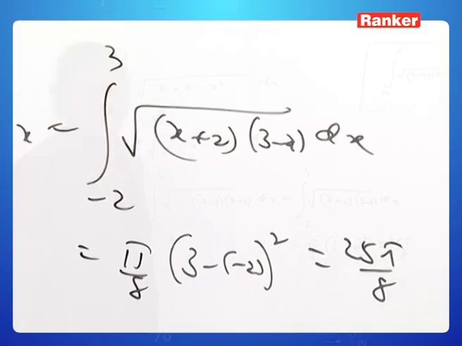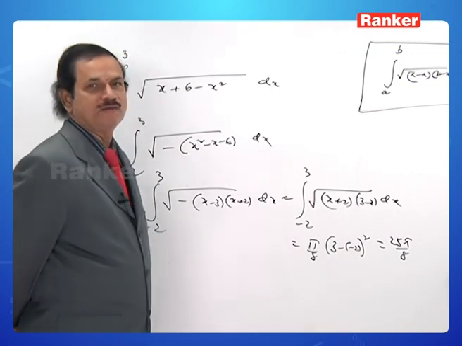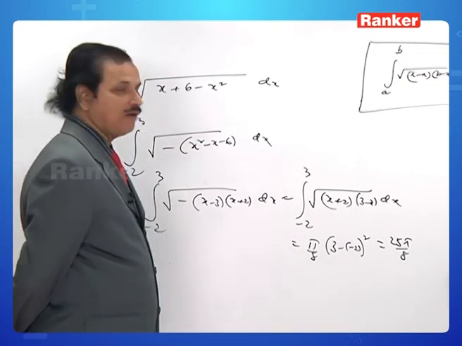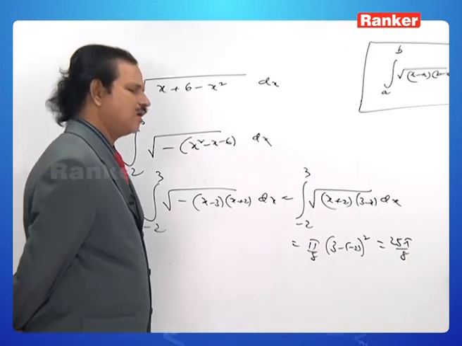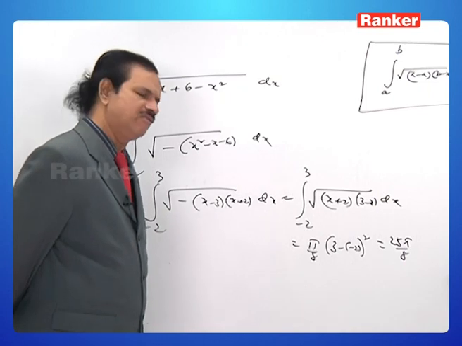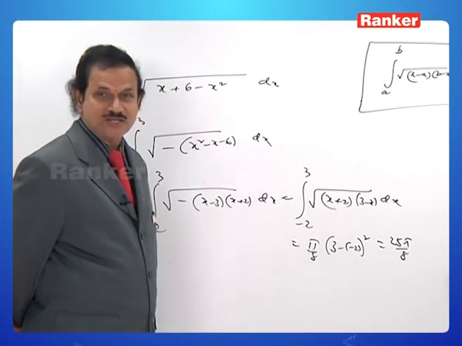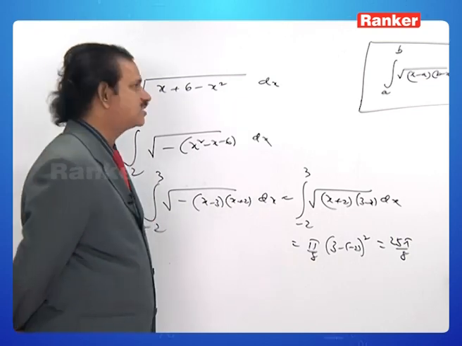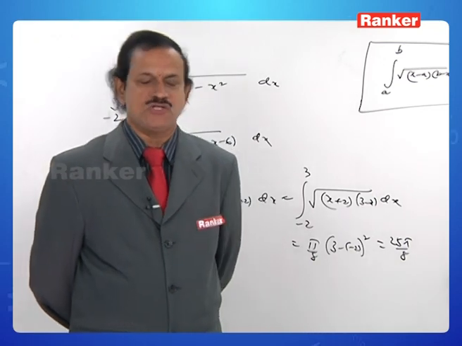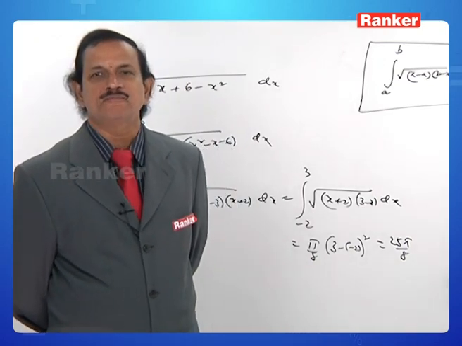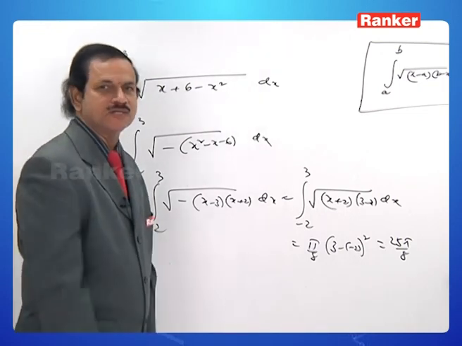So, if in the given problem the integrand is not in the standard form, by hook or crook, by factorization or any other source, you can bring that into standard form, so that the answer pi by 8 into b minus a whole square can directly be used. You imagine how beautiful it is, how useful it is.